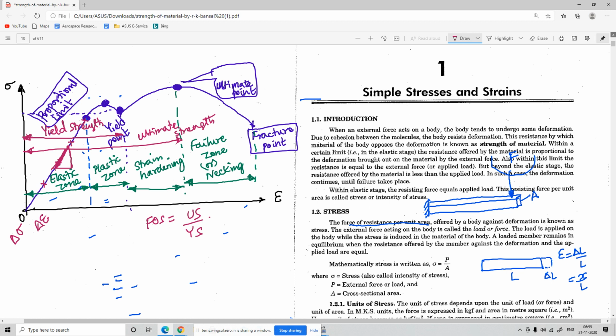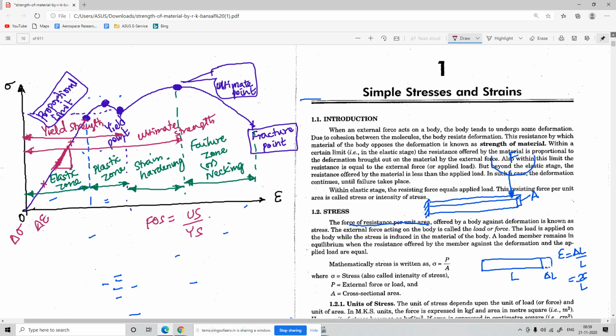Now one more question, maybe we will see it in upcoming ones also. Since we are looking at this particular graphical representation, questions can also be expected to find the modulus of resilience.